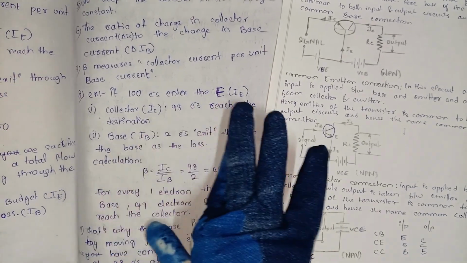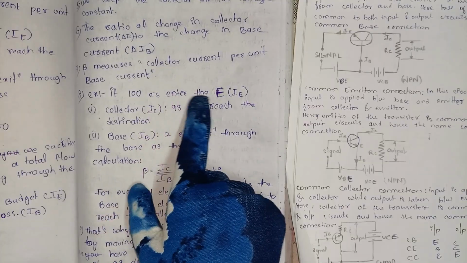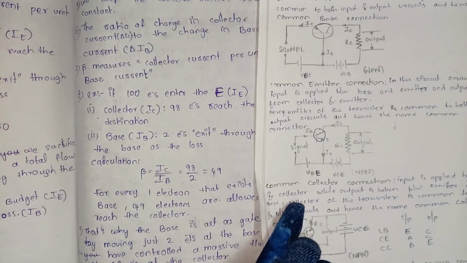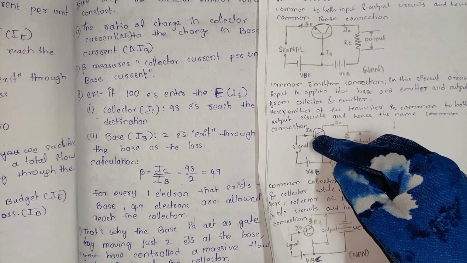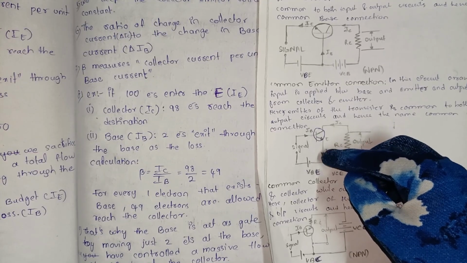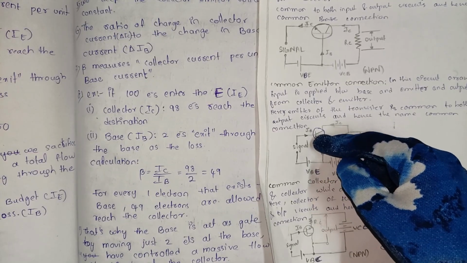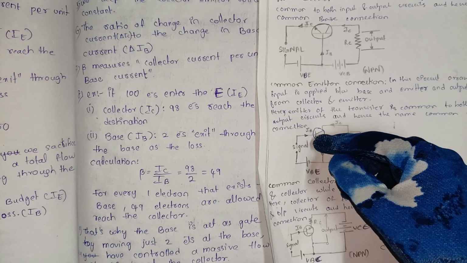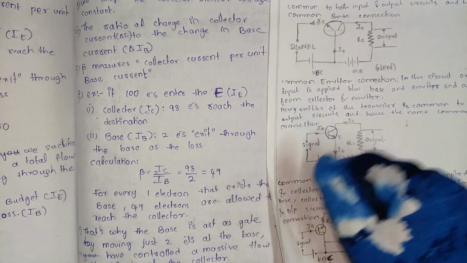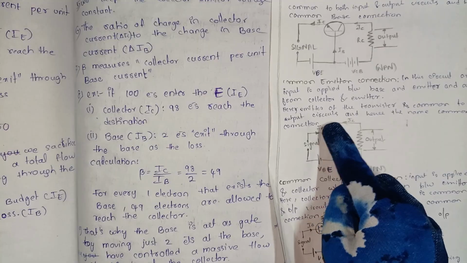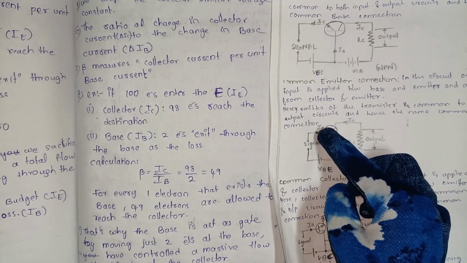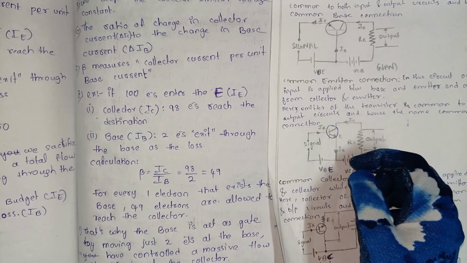Then if we take an example, if 100 electrons enter the emitter, then 98 electrons reach the destination, that is, reach the collector.